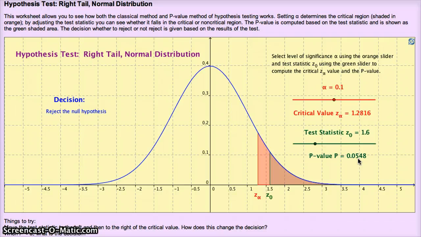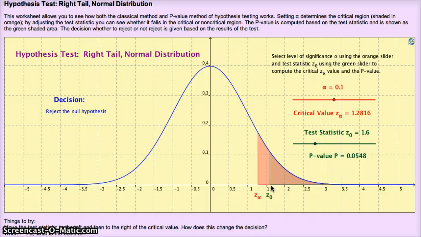And that probability is so small as to indicate that there's something beyond random variation causing this test statistic to be so far away from the mean value. Okay, so that's kind of a way to understand what the p-value represents.